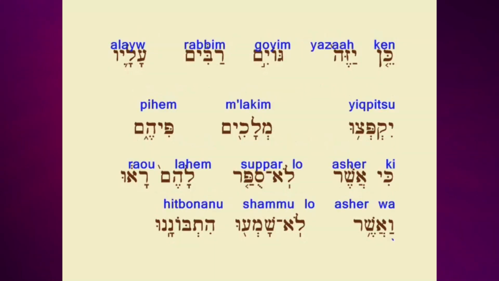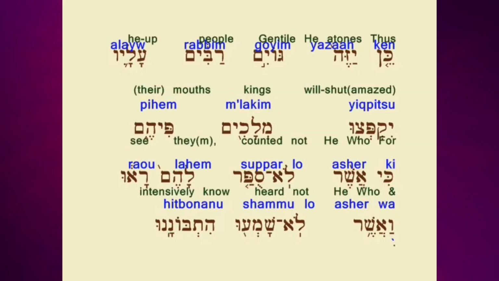And then, of course, in the last clause, Ki asher lo supar lahem rao, wa'asher lo shamu, shamu is in, again, the Qal perfect, third person common plural. And then hitpunanu, which is in the Hitpolel, perfect. So you've got all perfect tenses following the imperfect of Yikpitzu.